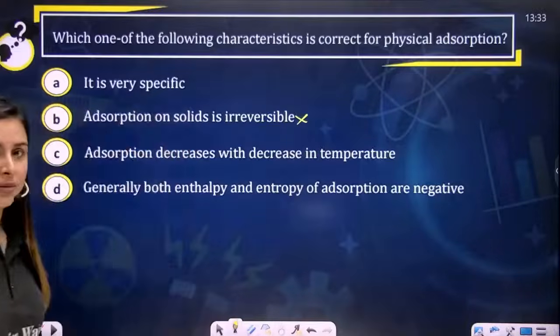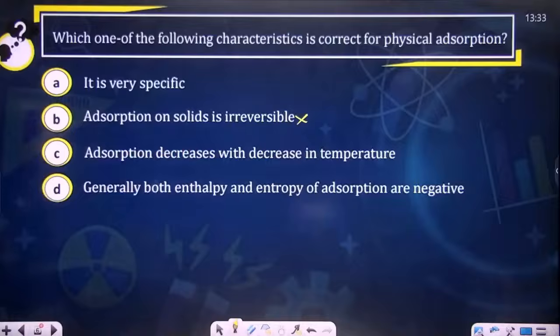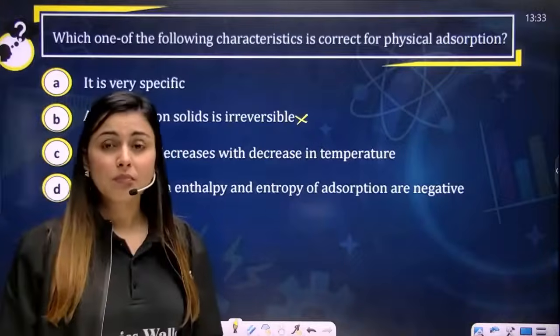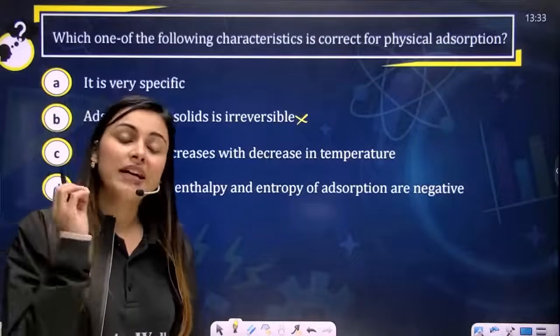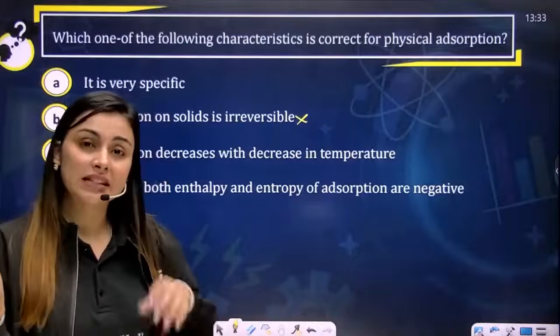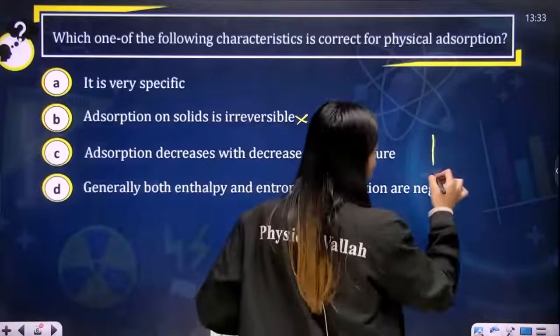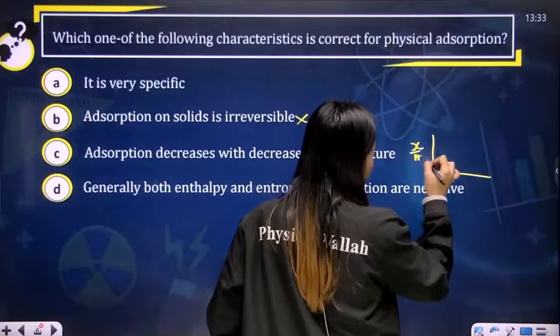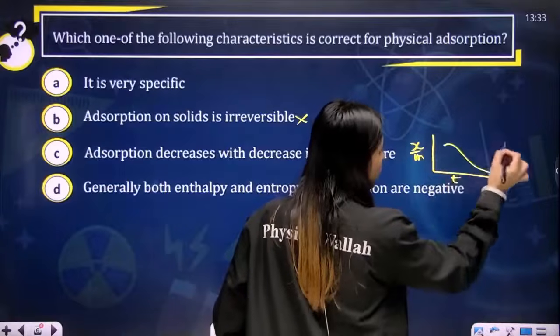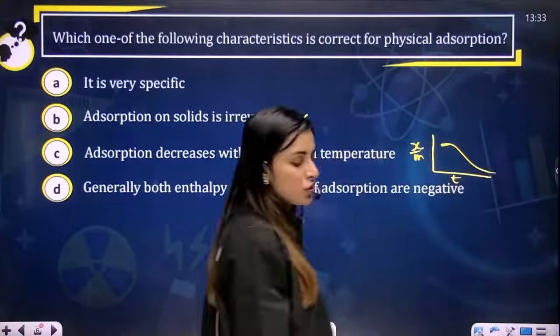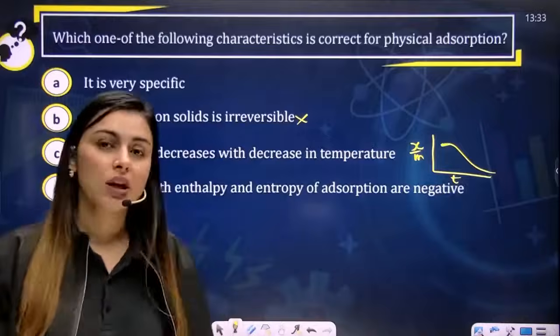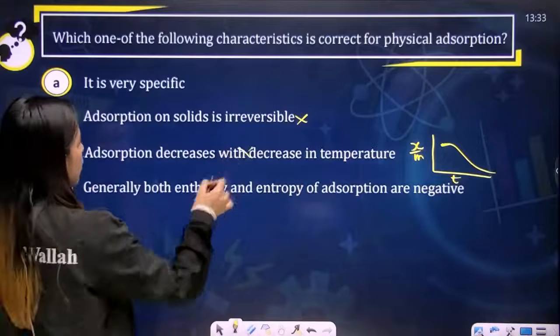Adsorption decreases with decrease in temperature. No, actually adsorption decreases with increase in temperature. This was the plot: x upon m, extent of adsorption, versus temperature, and it always decreases with increase in temperature. So this statement is again wrong.